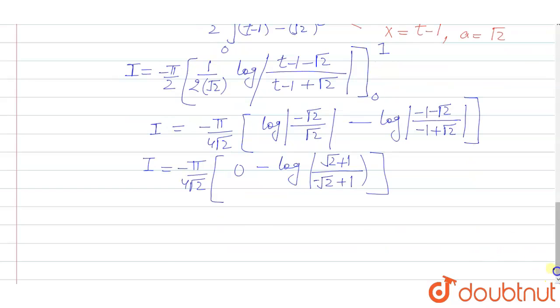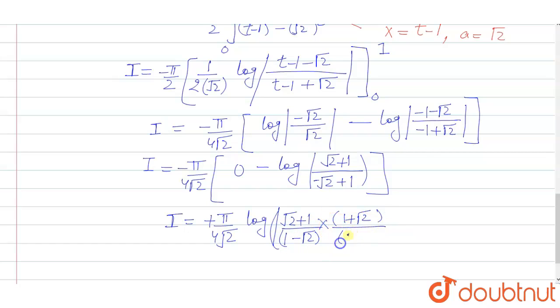So we can solve it further. This becomes integral I equal to minus of pi by 4 root 2 into minus becomes plus log of mod of root 2 plus 1 over 1 minus root 2. Rationalizing the denominator, we get 1 plus root 2 divided by 1 plus root 2 mod.